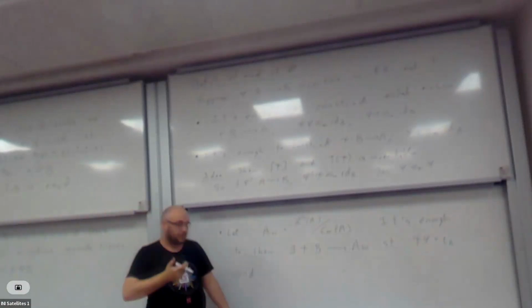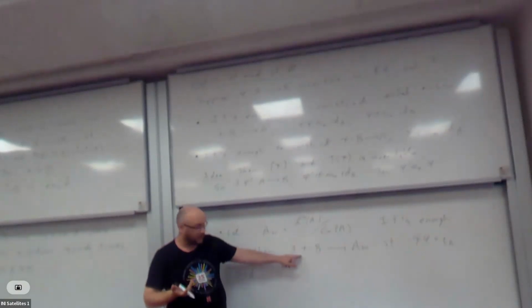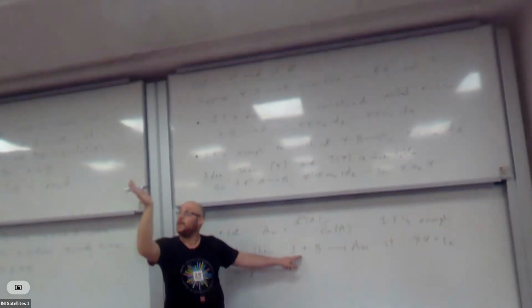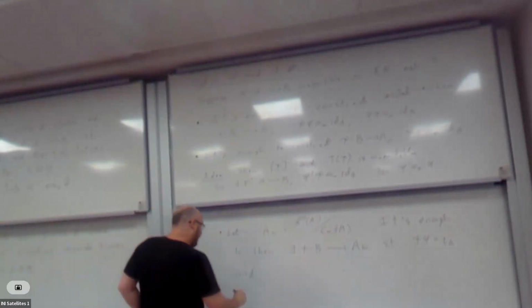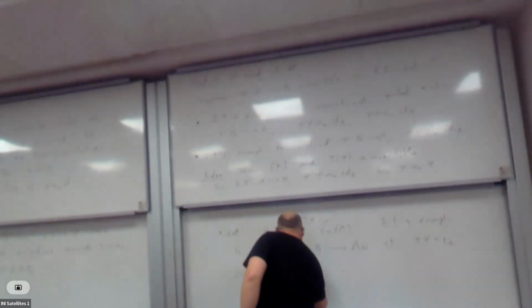You don't have a genuine star homomorphism B to A, you have, say, a sequence of unital completely positive maps B into A, which in the limit preserve multiplication, and in the limit act as a left inverse for phi. And I want to turn those approximate maps into a genuine one, and to do that, I have to ask for something a bit more. That's that this is unique.